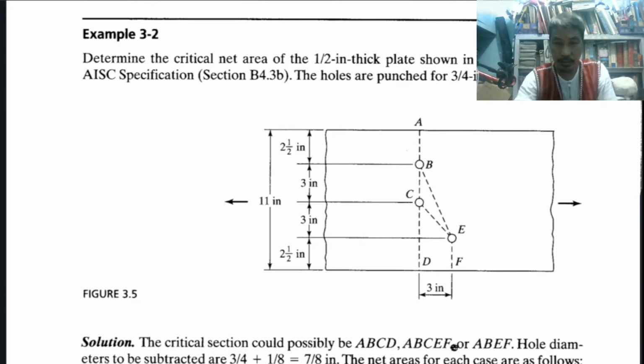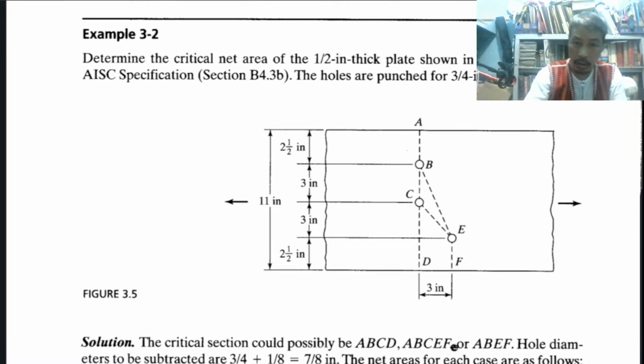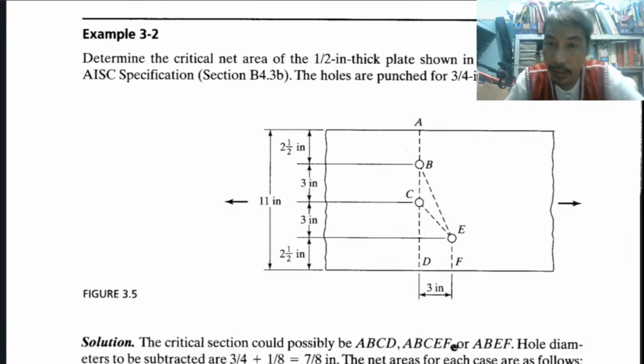Or you can immediately multiply by the thickness and compare the area instead of the length. So let us proceed.